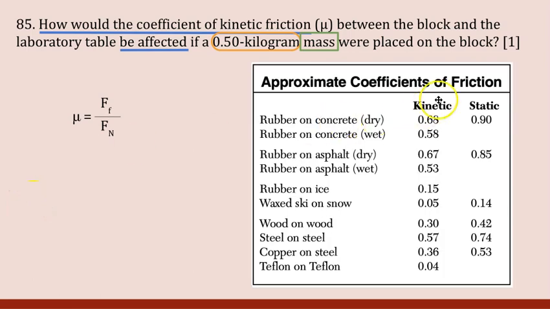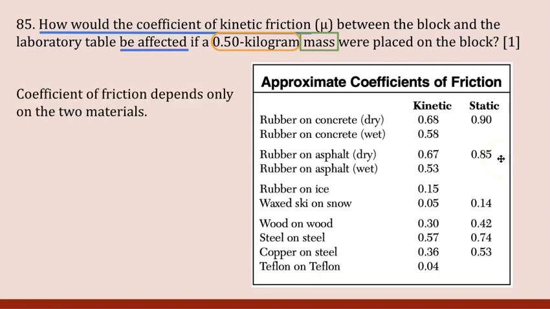However, it's important to remember that the coefficients of friction are really just determined by the two materials. Rubber on concrete is always going to be 0.68 or 0.90 for kinetic or static. It doesn't depend on anything besides those two materials. So this is another fact. Coefficient of friction depends only on the two materials. In that case, it is not going to be affected if we add in mass.